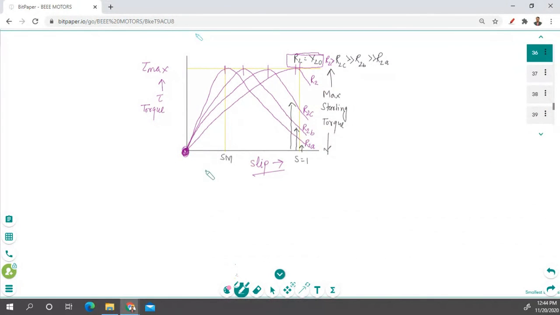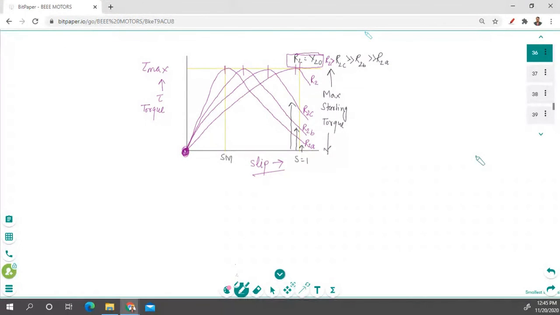This is the characteristics for slip and torque. You will find here that when your torque is increasing, your slip is also going to increase. When the slip is equal to 1 in this position, you will find the maximum torque at these positions. So below this slip, all the values are high. When slip goes to 1, all the values decrease.